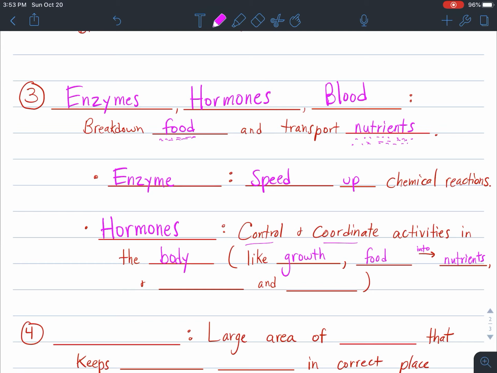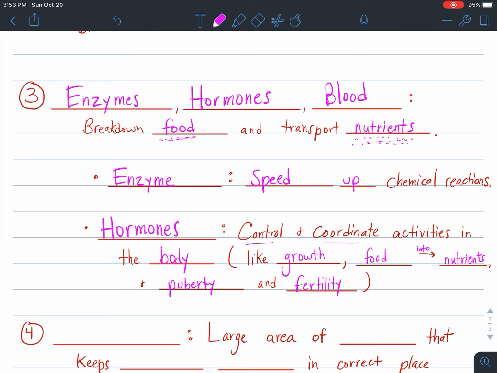So hormones help us grow, turn food into nutrients, and the ones that you've probably heard of before are things like puberty. They tell our body when to go through puberty and what to do during puberty, and also help control our fertility when it comes time for reproduction.